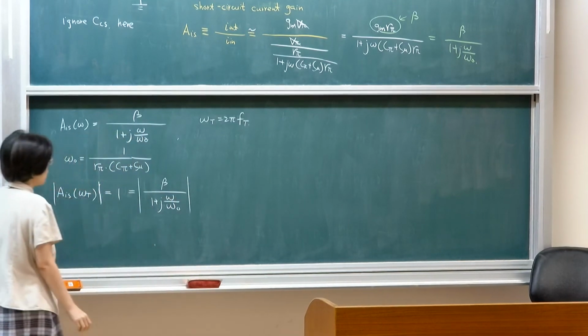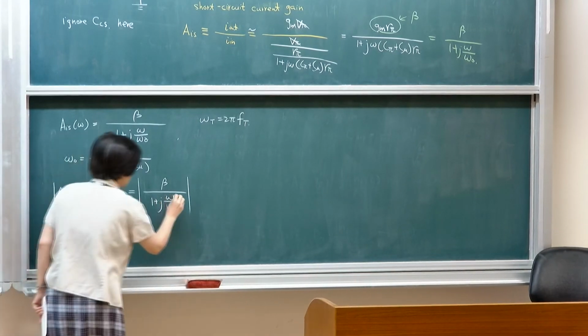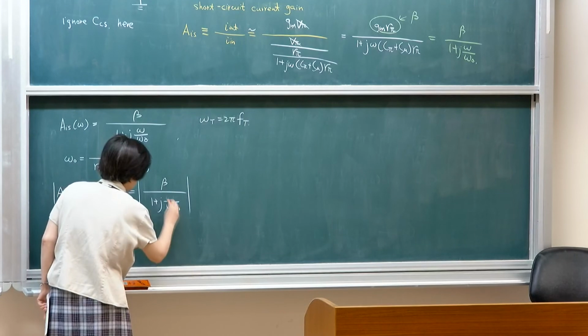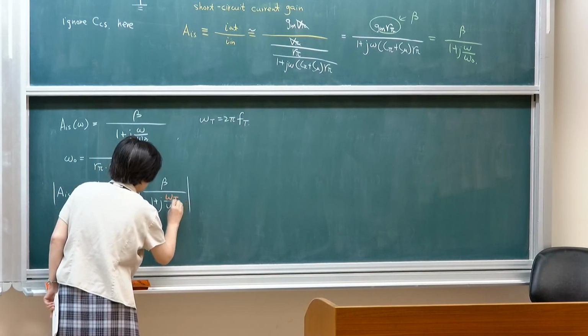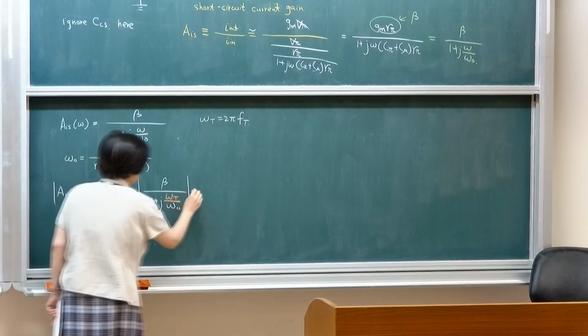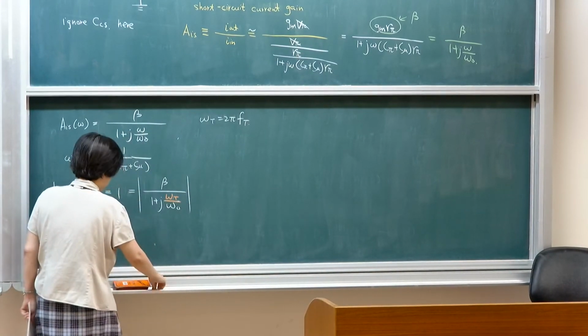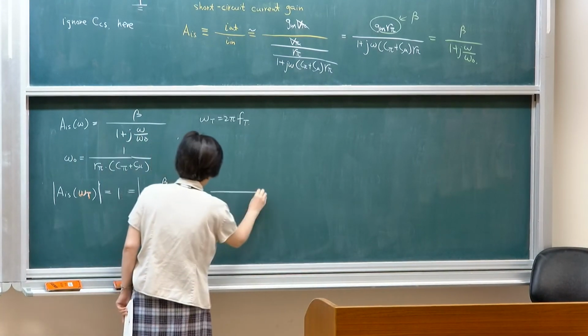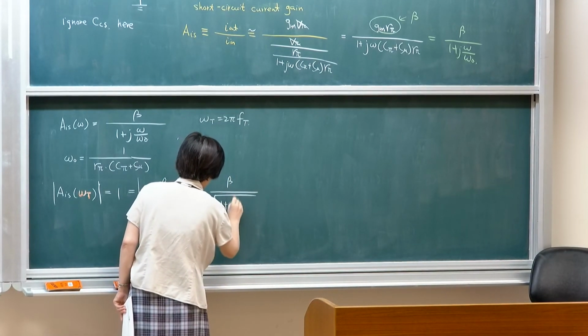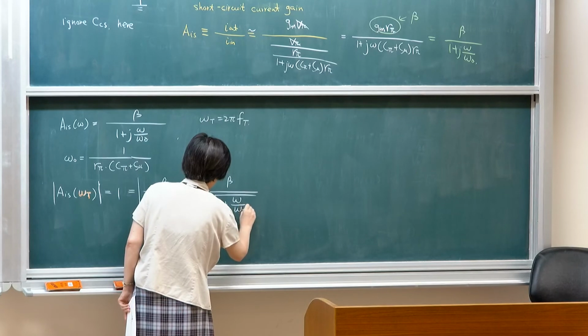The absolute value at omega t should equal 1. So this is beta over square root of 1 plus (omega t over omega 0) squared.